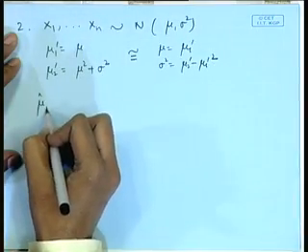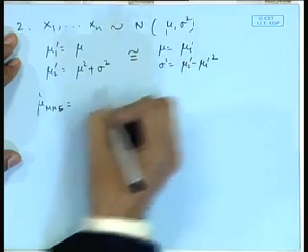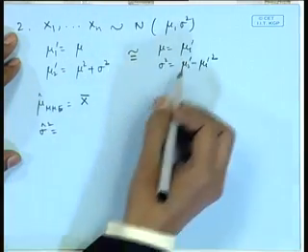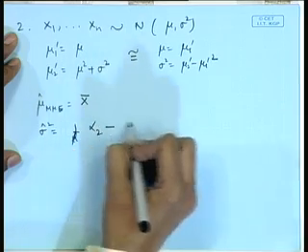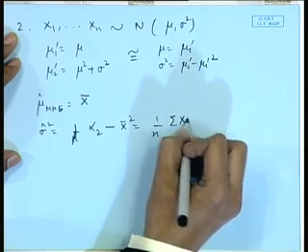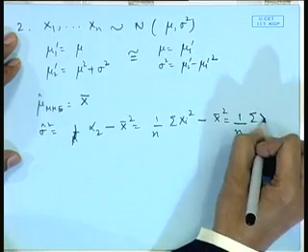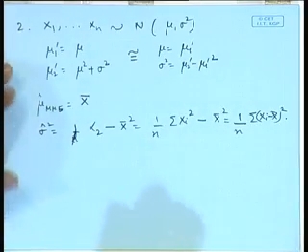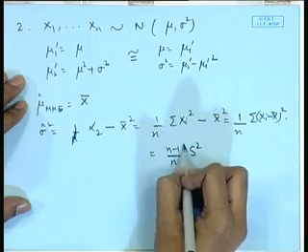So, method of moments estimators will be, for mu it will be simply x bar, and for sigma hat square this will be 1 by n, that is your alpha 2 minus x bar square, that is 1 by n sigma xi square minus x bar square, which we can write as 1 by n sigma xi minus x bar whole square. You can also write it as n minus 1 by n s square.